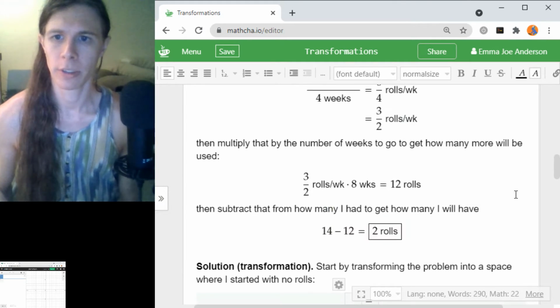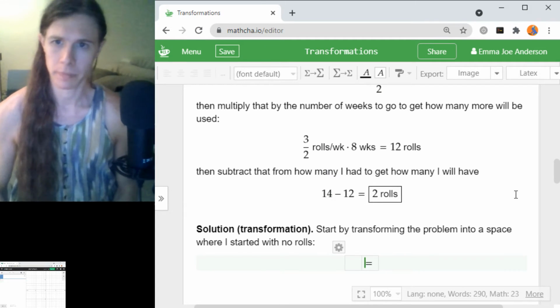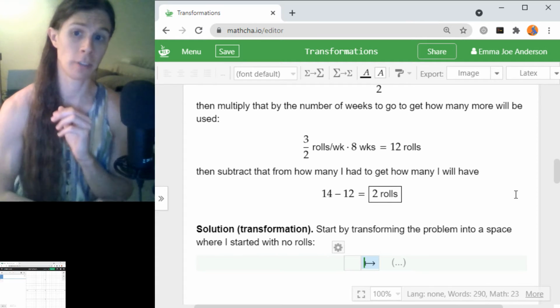All right. So what that means is, and I'm going to use this symbol to indicate the transform is occurring.